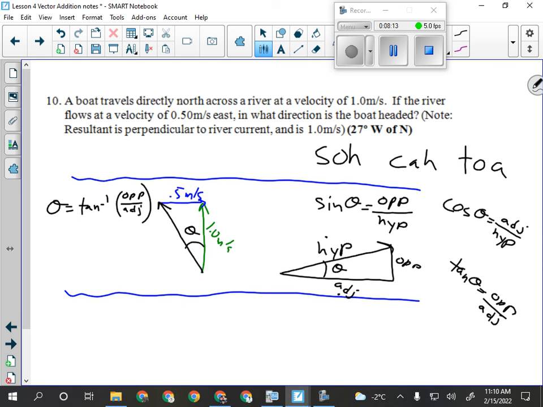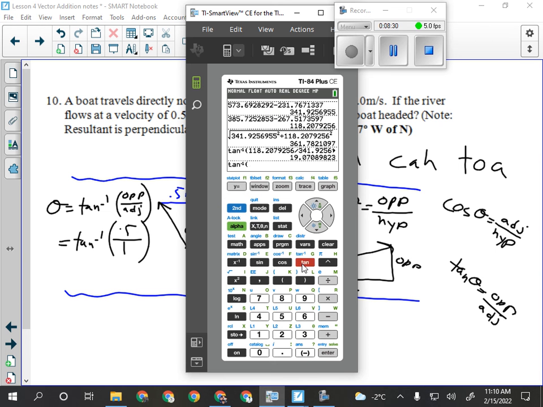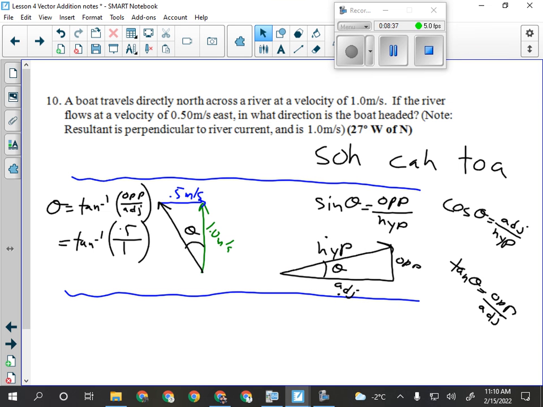I have the opposite side, the side that's not touching the angle, and the adjacent side, the side that is touching the angle. So that's why I'm using this. Tan to the minus 1 of 0.5 over 1, the inverse tan of 0.5, is 27 degrees. And this direction is west of north. So 27 degrees west of north.